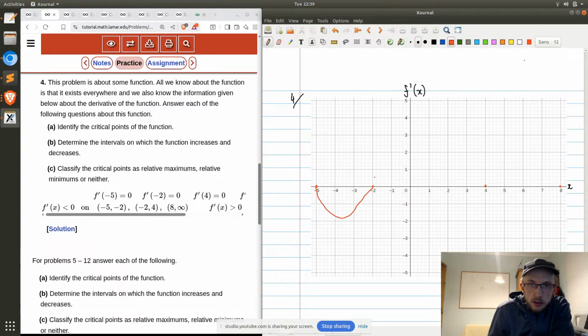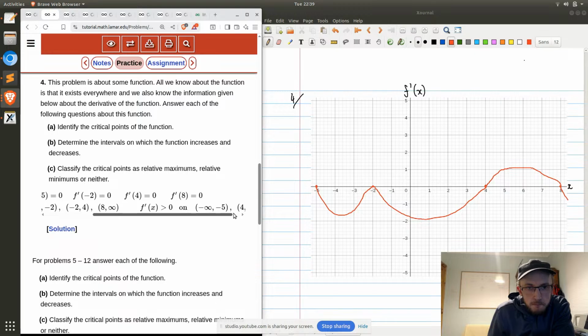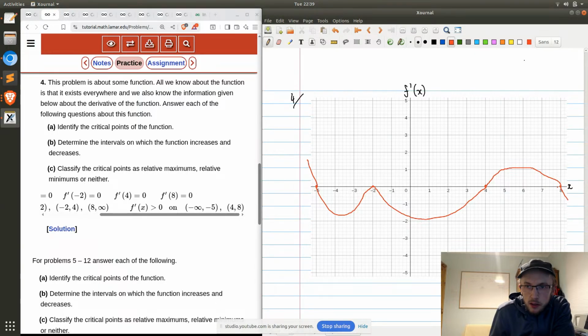So I think what they mean to say is that it just touches it, and then there, like that. Then it cuts through there. Then it goes back down to being negative. And it's greater than 0 past there. And that's how it looks.